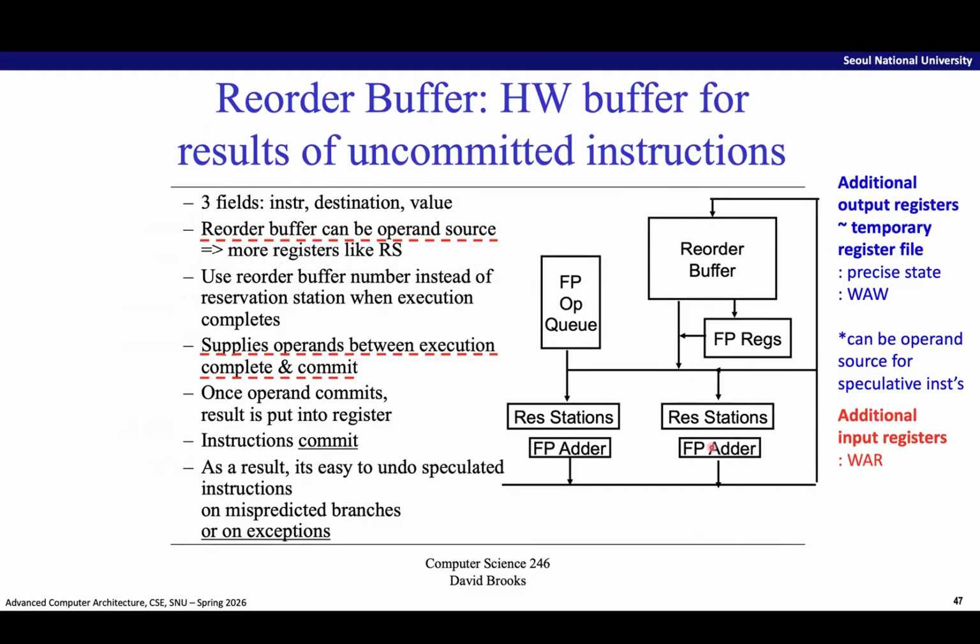One is an additional input register, realized in the reservation station, and an additional output register, realized in the reorder buffer, right? By using the additional input register, we can avoid the write after read hazard. By using the additional output register, we can avoid the write after write hazard, and we can also benefit from speculative execution.